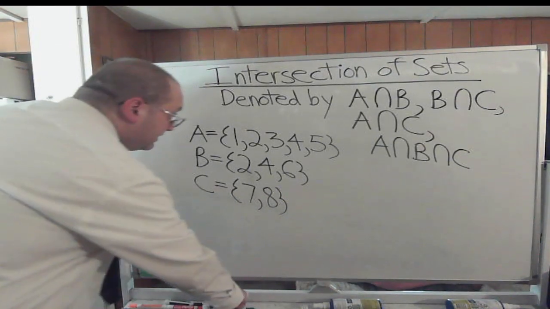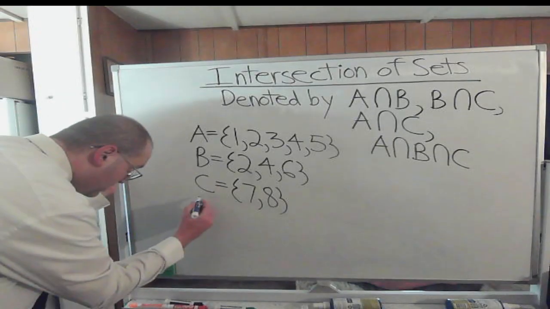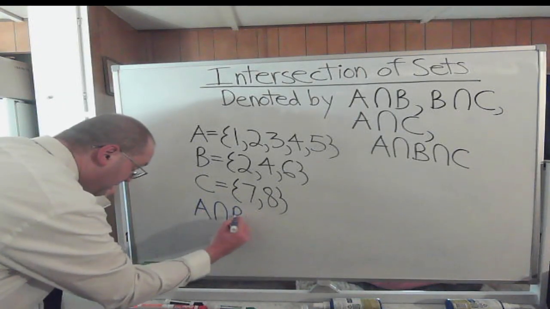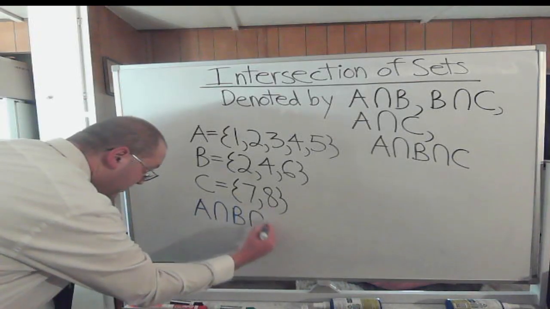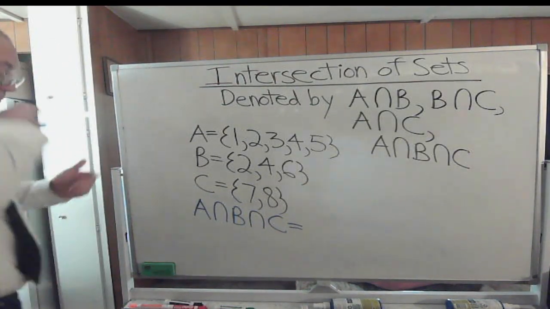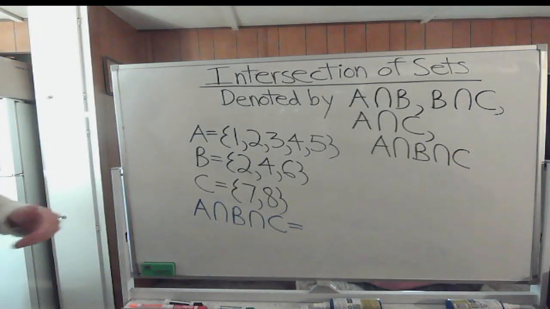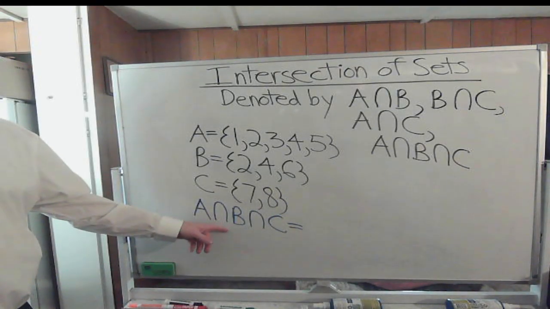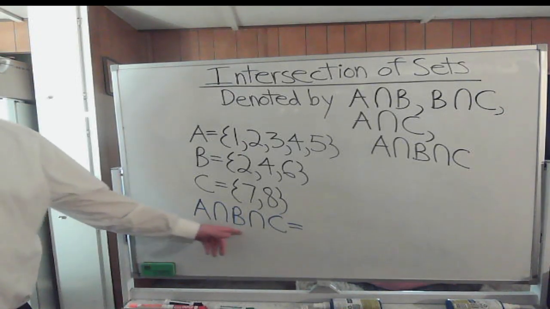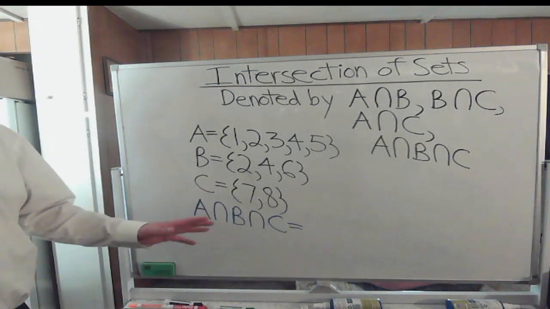Alright, and last but not least, we're going to take A intersects with B, which intersects with C. Well, here's the thing. We know A intersects with B. We proved that that was a set of 2, 4, right? But B intersecting with C proved to be an empty set.